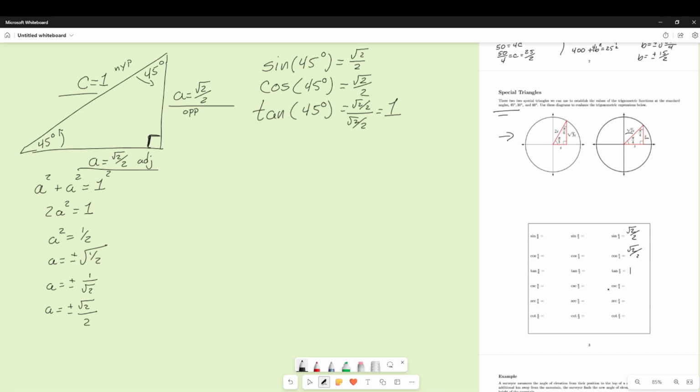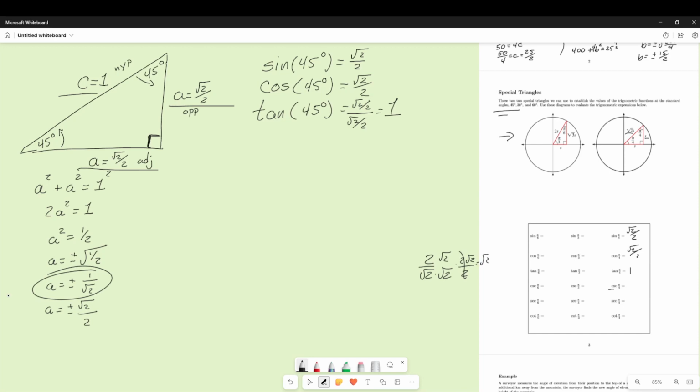Reciprocals are cosecant of pi over 4. It's going to be the reciprocal of root 2 over 2, so we could go 2 over the square root of 2 and then rationalize that. That's a little bit irritating. 2 square root of 2 over 2, those cancel and we get the square root of 2. But also just remember where it came from over here, that 1 over square root of 2.